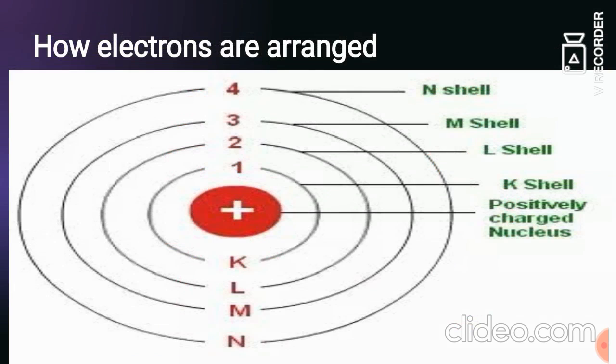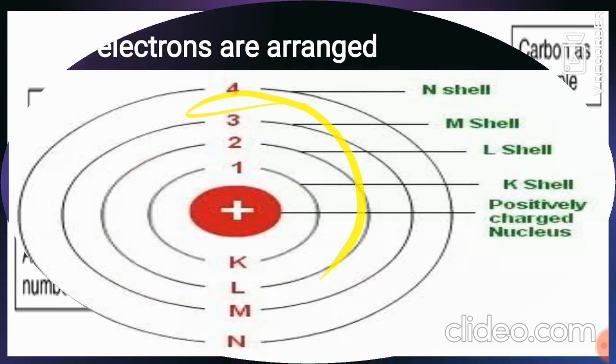Now let us see how the electrons are arranged. Bohr model says that the electrons revolve around the nucleus in a circular path, just like the planets revolve around the sun in a circular path, and this circular path is said to be a shell.